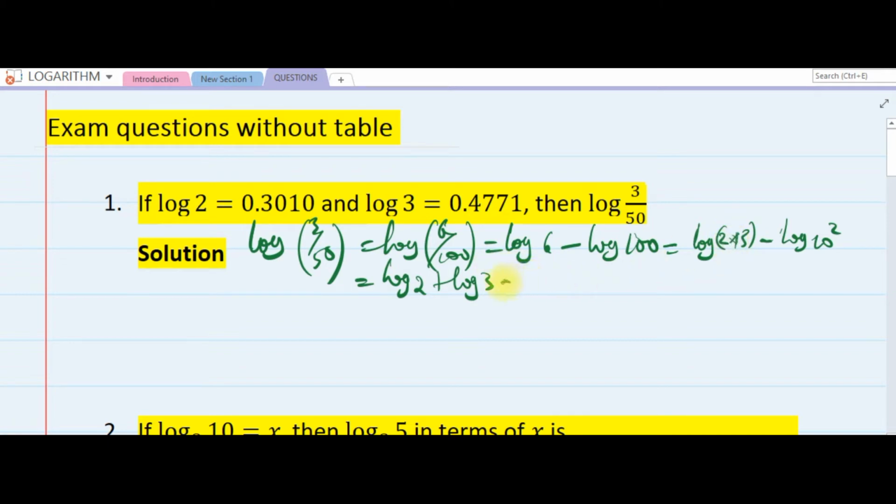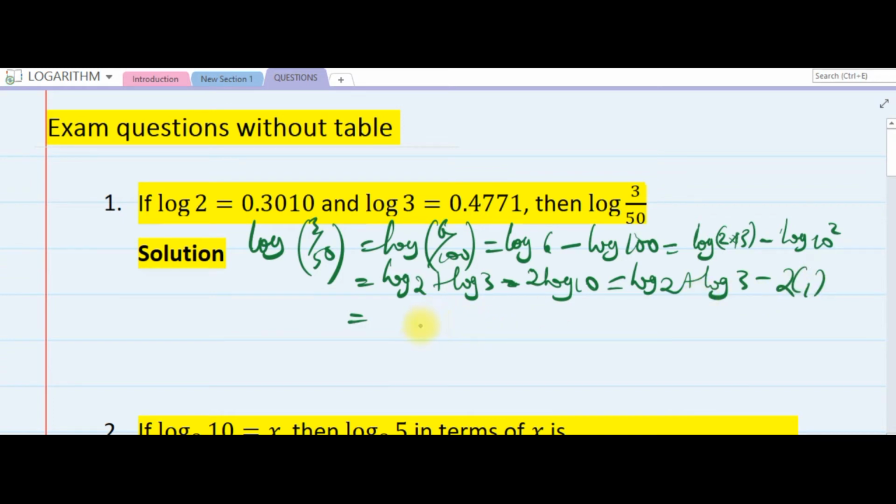While this is now 2 log 10. Remember I told you the base here is 10. We now add and subtract. And if you notice, log 10 is 1. So 2 times 1 is 2.